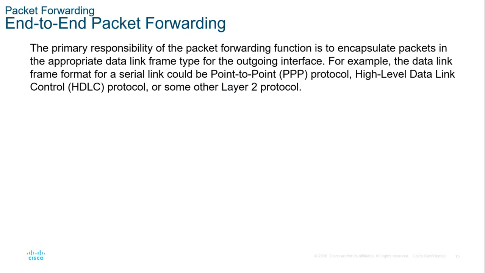End-to-end packet forwarding: the primary responsibility of the packet forwarding function is to encapsulate packets in the appropriate data link frame type for the outgoing interface. Every time before a router forwards, mostly on an Ethernet LAN, the frame has to be encapsulated, and in the encapsulation we need a new source MAC address and destination MAC address.